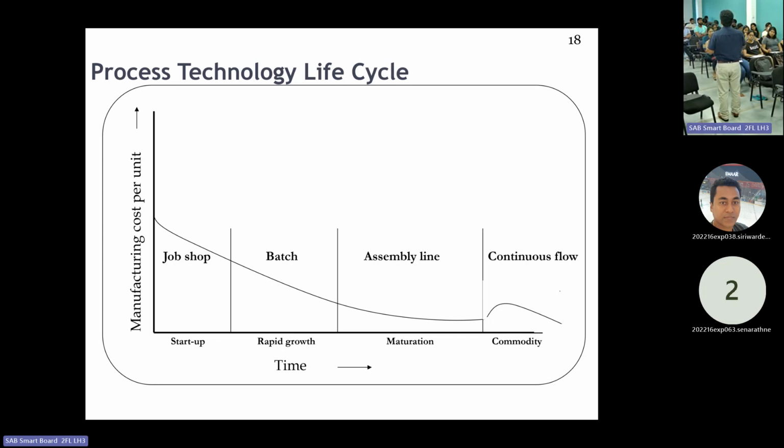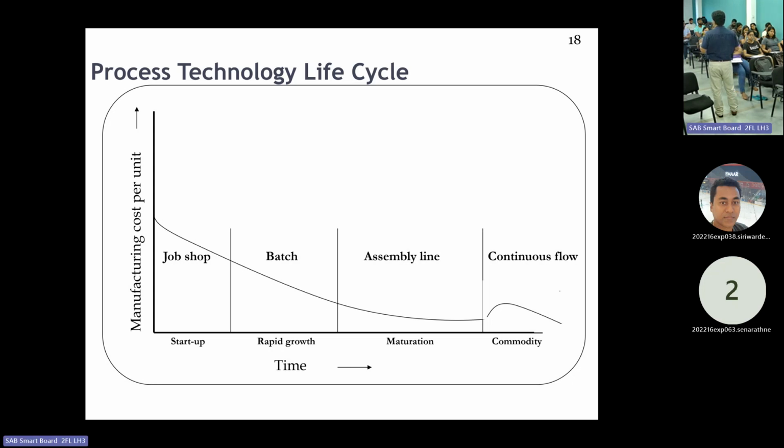Especially the demand for the product gradually changes from one phase to another. So aligning with that, businesses should change the type of process. Initially, job shops are recommended, maybe because the demand is low and customers prefer variety.